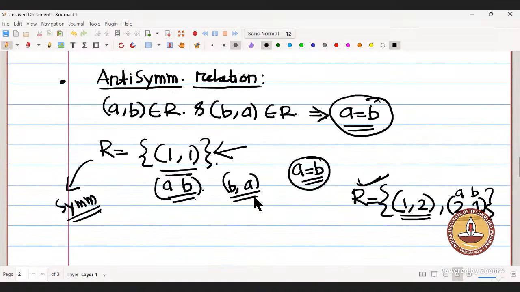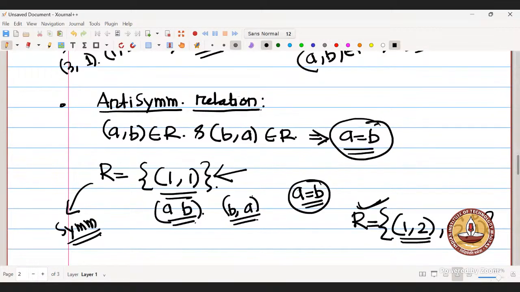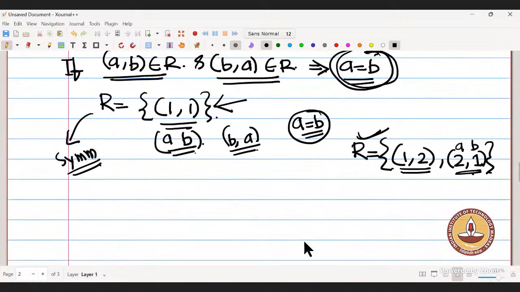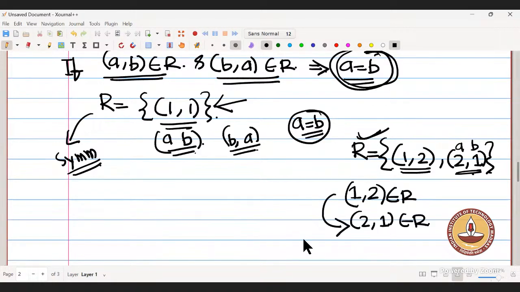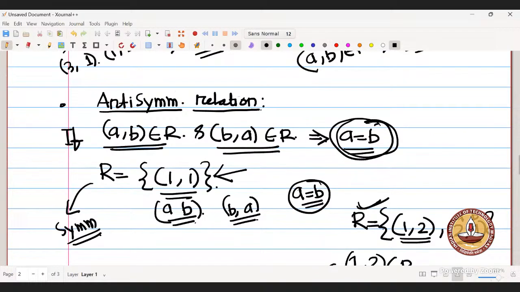And what is an anti-symmetric relation? Anti-symmetry says if (a, b) is in R and (b, a) is in R, then this should imply that both the coordinates are equal. Here (1, 2) is in R and (2, 1) is also in R, but both the coordinates are not equal.